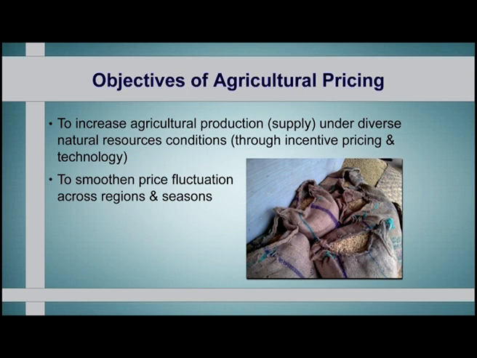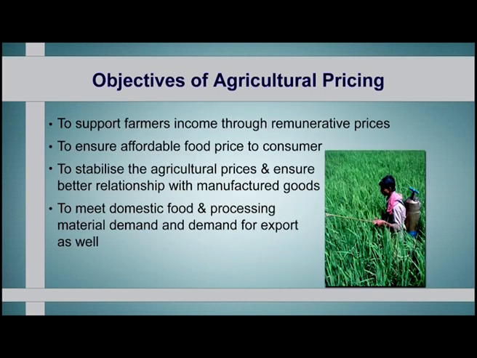The basic objectives are: number one, to increase agriculture production, that is supply, under diverse natural resource conditions through incentive pricing and technology; to smoothen price fluctuation; to support farmers' income through remunerative prices; to ensure affordable food prices to the consumer; to stabilize agriculture prices and ensure a better relationship with manufactured goods; to meet domestic demand and processing material demand and also the demand for export.